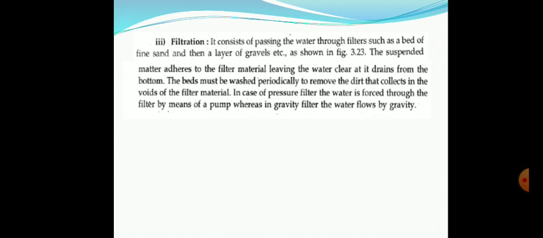The beds must be washed periodically to remove the dirt that collects in the voids of the filter material. In the case of a pressure filter, the water is forced through the filter by means of a pump, whereas in a gravity filter the water flows by gravity.